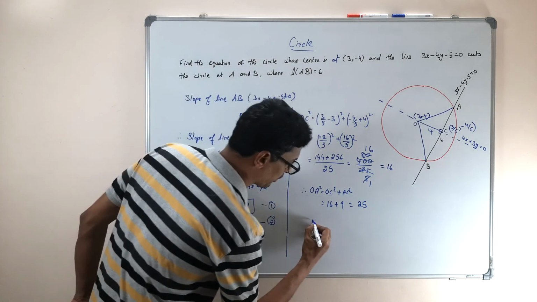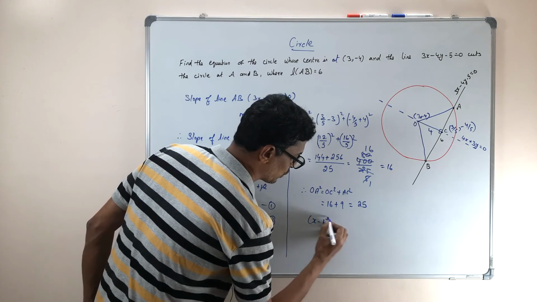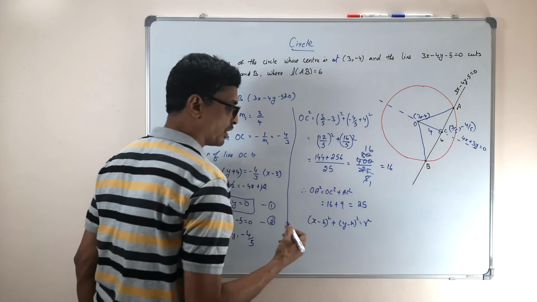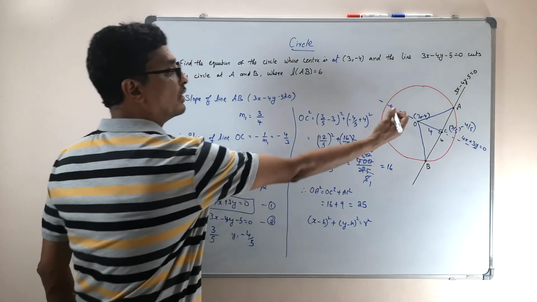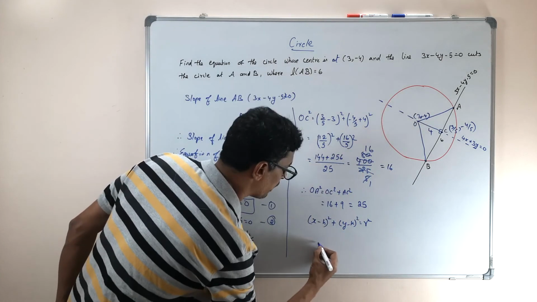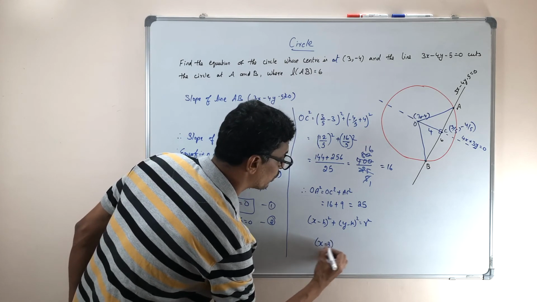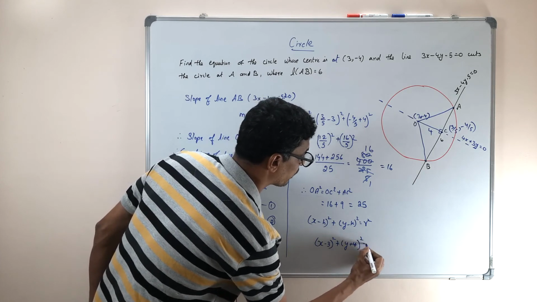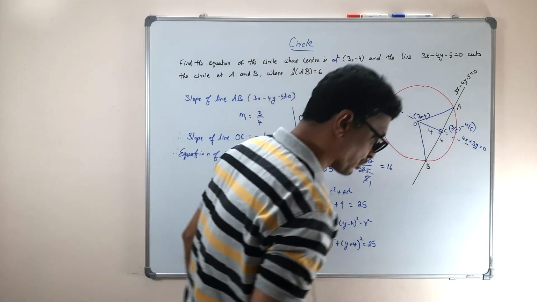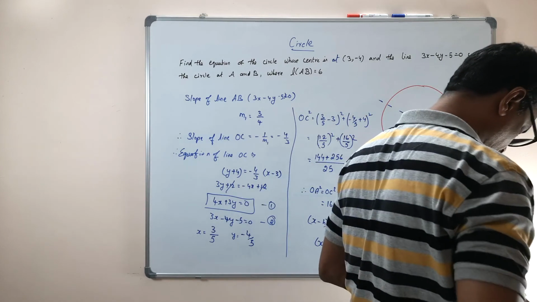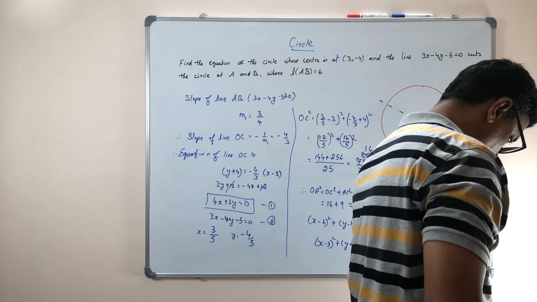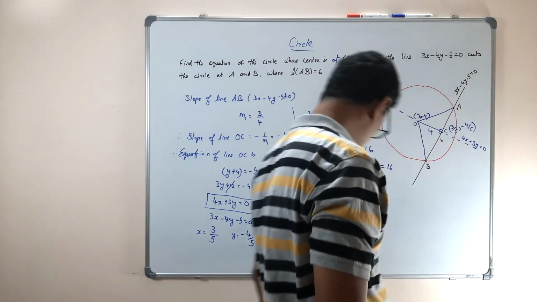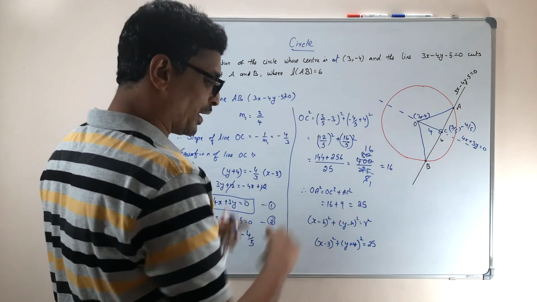So the equation of the circle formula is: x minus h whole square plus y minus k whole square equal to r square. R square is 25, h is 3, k is minus 4. So we have x minus 3 whole square plus y plus 4 whole square equal to 25. That should be the equation of the circle. This is the way you can write it, but usually you can open it up also.